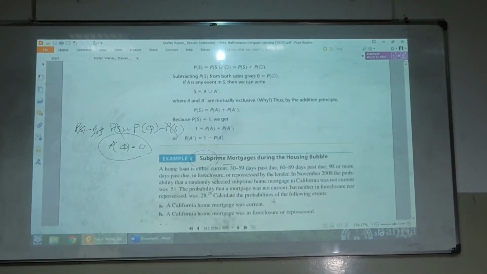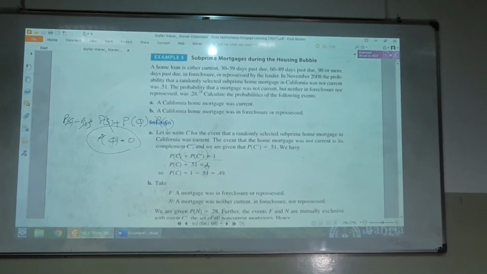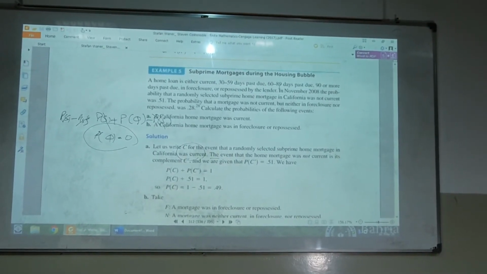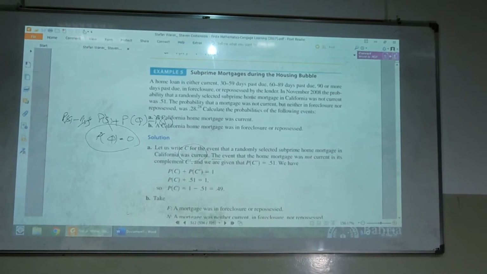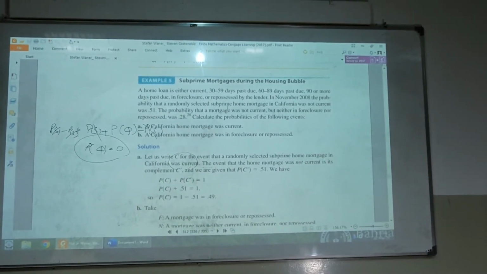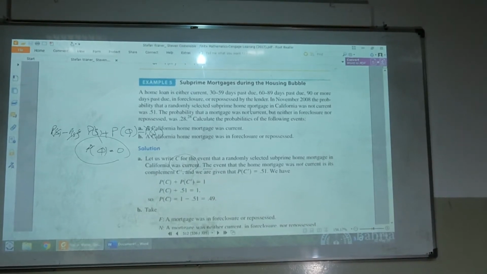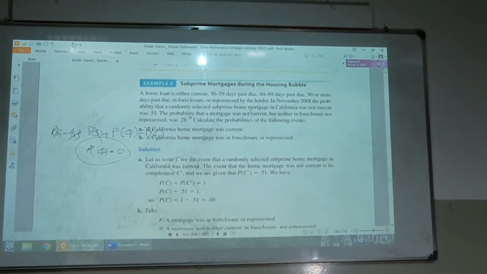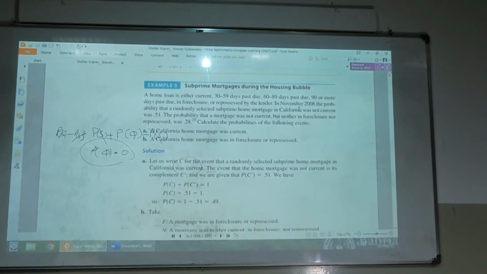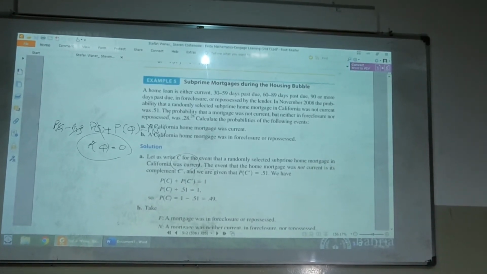Okay, so now we have this example, which is an interesting example. They have told you that there's a probability that a randomly selected subprime, okay, there's a difference between a prime, which is a high quality loan, and a subprime, which is a low quality loan, home mortgage in California was not current, was 0.51.